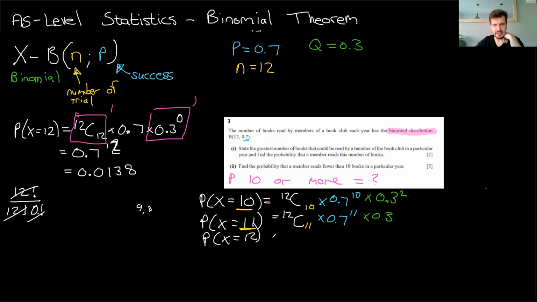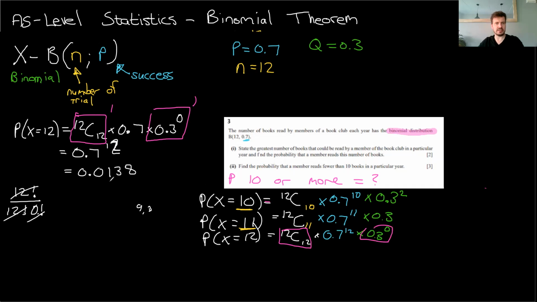And finally, 12 choose 12. We already worked this out before. That was 0.7 to the 12 times 0.3 to the 0. We remember from before this bit ends up being 1.